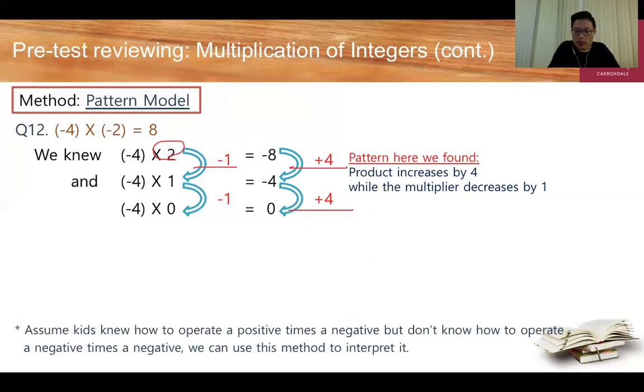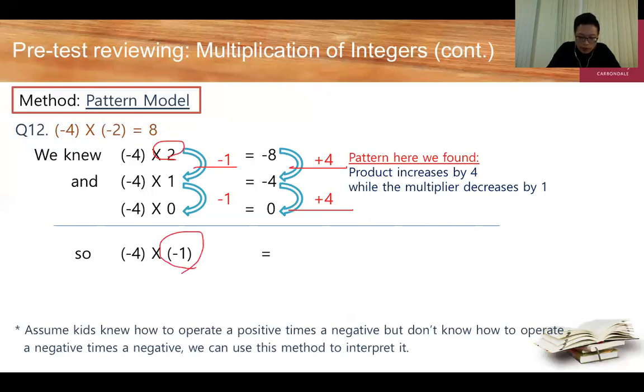The product increases by 4, okay? So based on this pattern, -4 times -1: when the multiplier decreases by 1, the product will increase by 4, right? So 0 add 4 is 4, right?